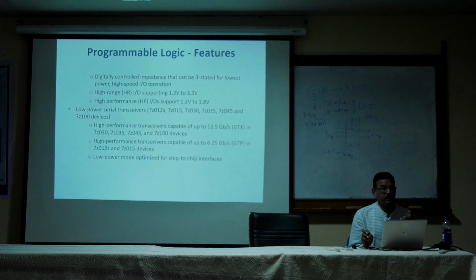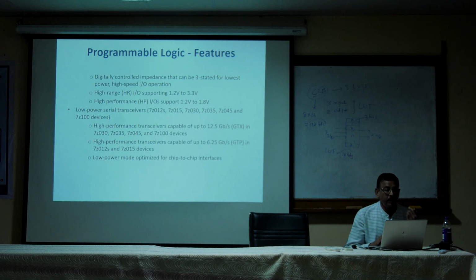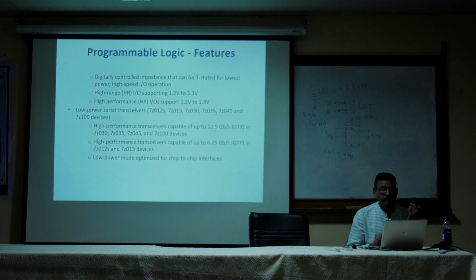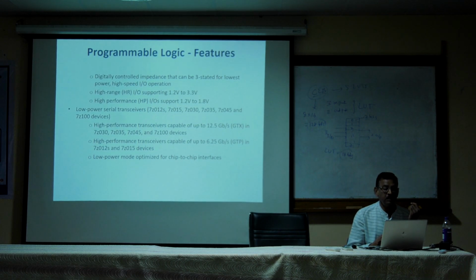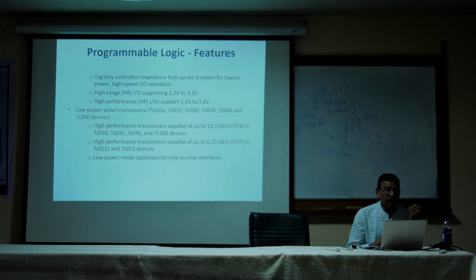Low power serial transceivers, high performance transceivers, low power transceivers are in these devices. High power transceivers are capable up to 12.5 gigabits per second GTX in these devices 7030, 7035, 7045, but ours is 7020, it does not come under this category.